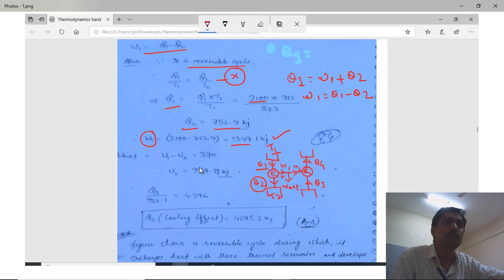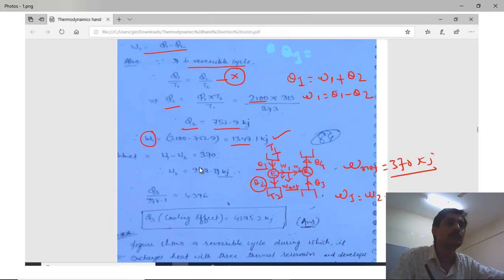We know that W net is given as 370 kilojoule. From the equation, W1 is equal to W2 plus W net, which implies W net is equal to W1 minus W2.